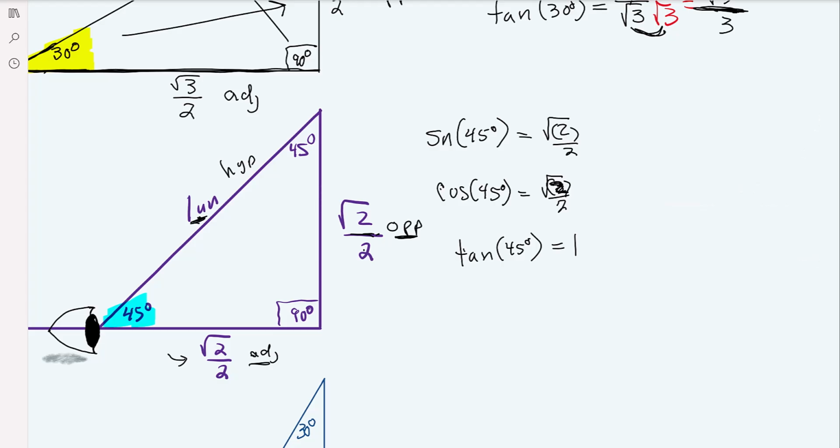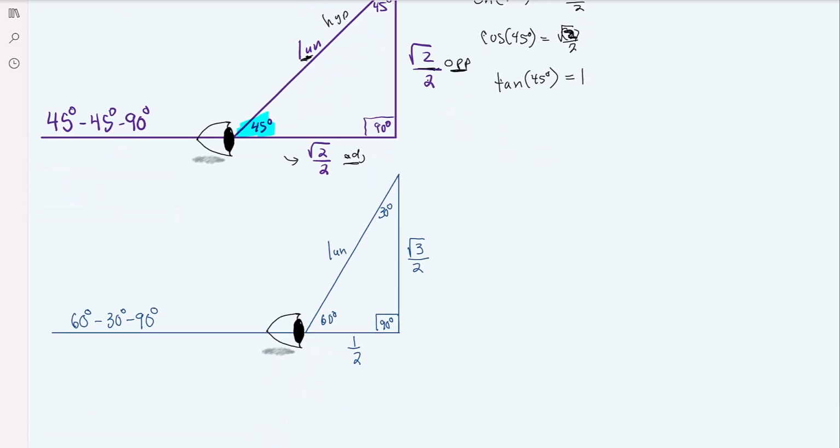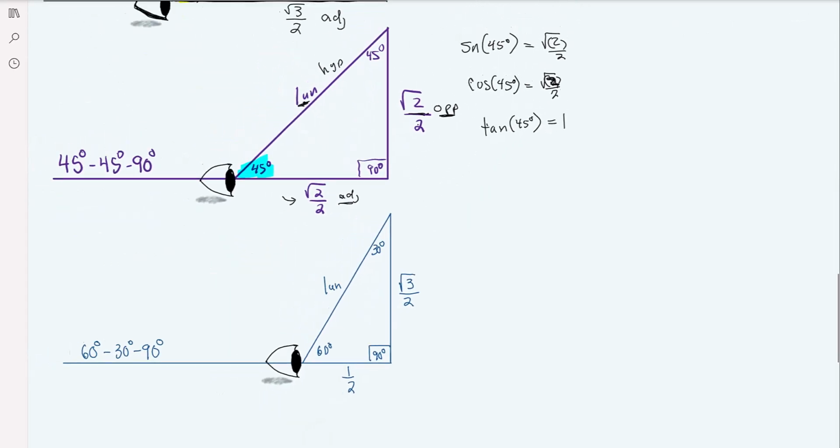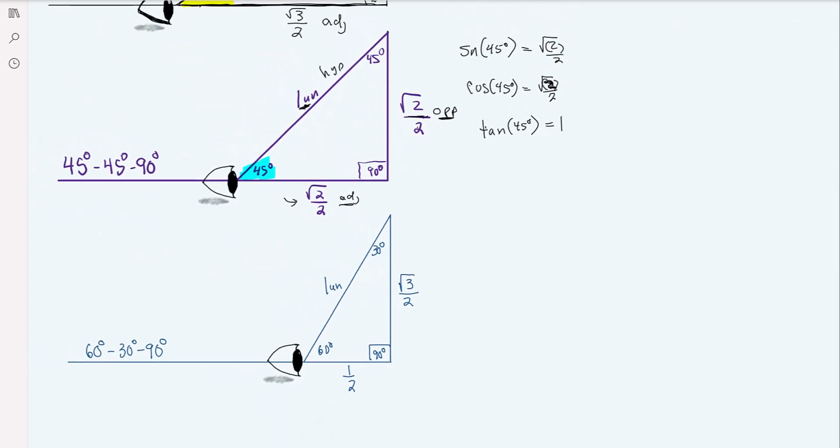All right. Then when we come down here to the 60, 30, 90, this has just been flipped. So now from the viewpoint of the 60-degree angle, our sine of 60 degrees is going to be the same as cosine of 30 degrees because it's root 3 over 2.